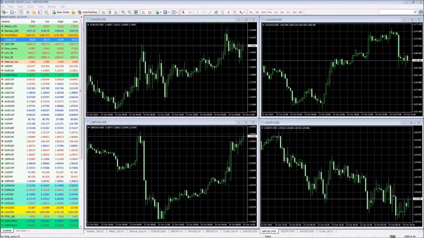Now we will move to the chart so we can have a look at how to actually place those levels and also set up your pending orders.